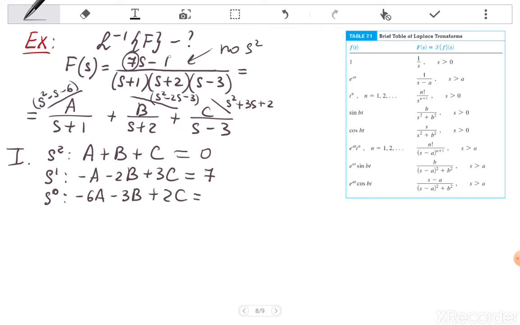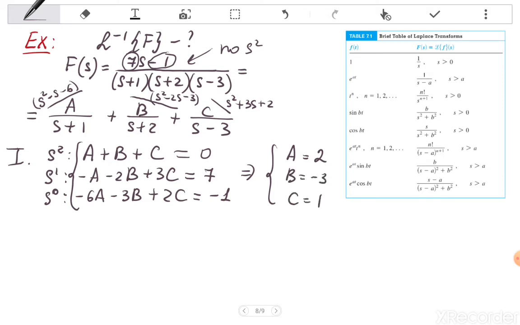The constant coefficient of our function is minus 1, so this sum is minus 1. Next, we solve this system. Let me just give you the solution.